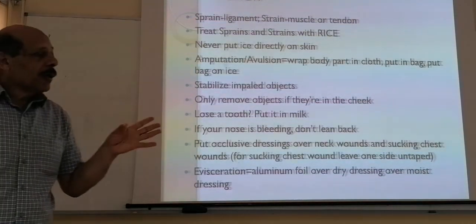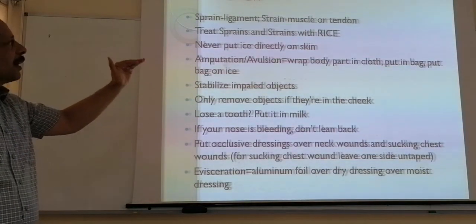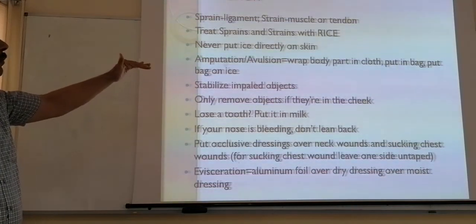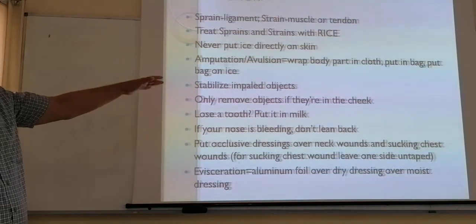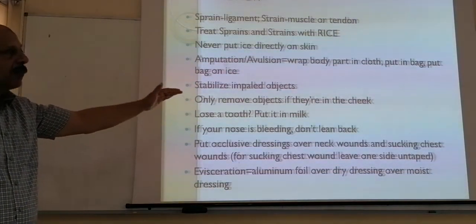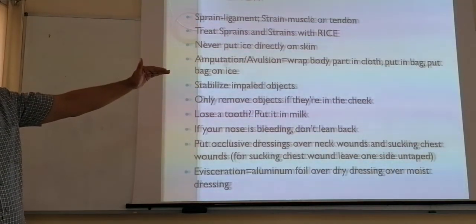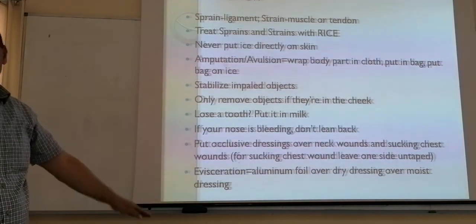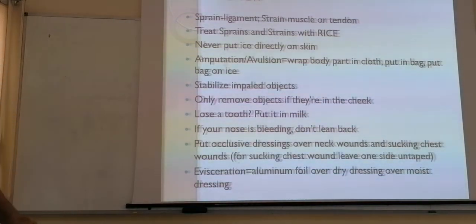So we talked in this session about the sprain, which is a sprain of ligament, strain of the muscle or tendon, tear of sprain and strain. The treatment of it is with RICE, which is rest, immobilization, ice, and elevation, and comfort.